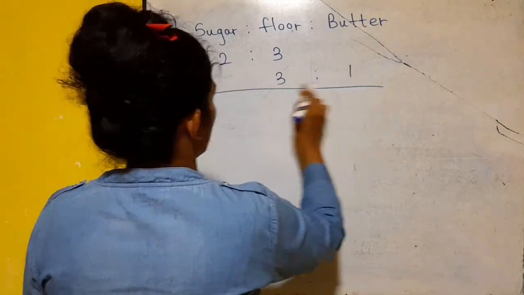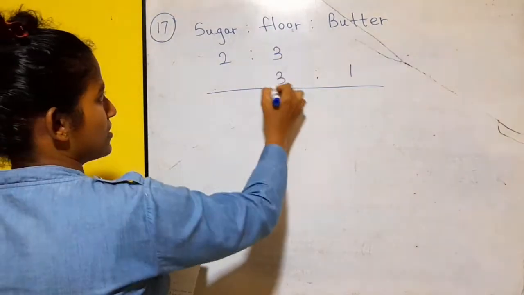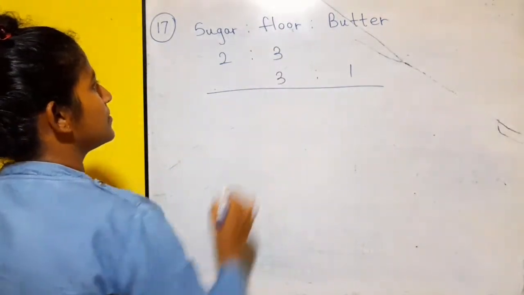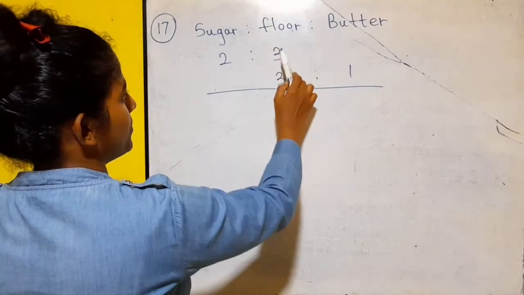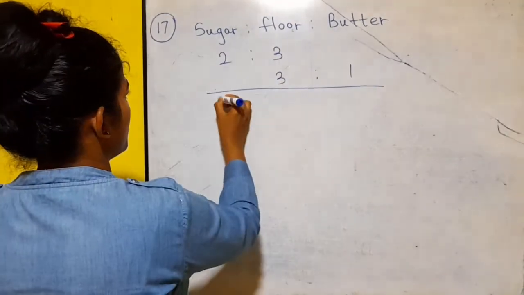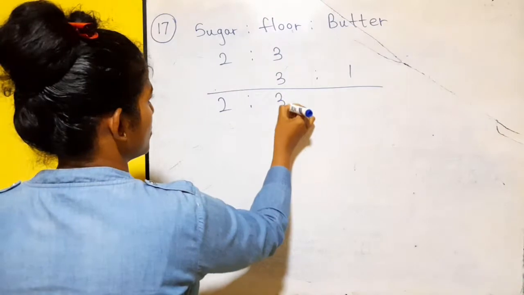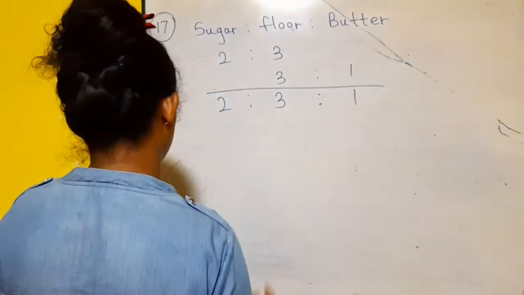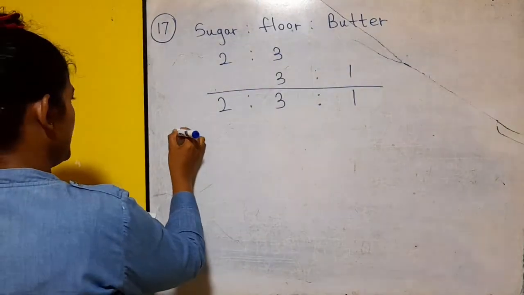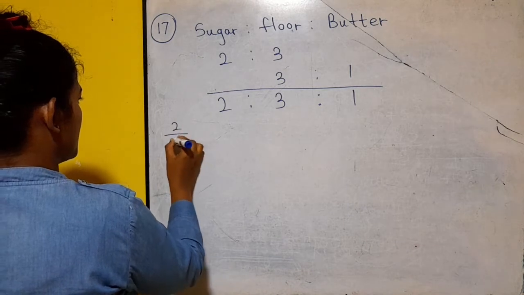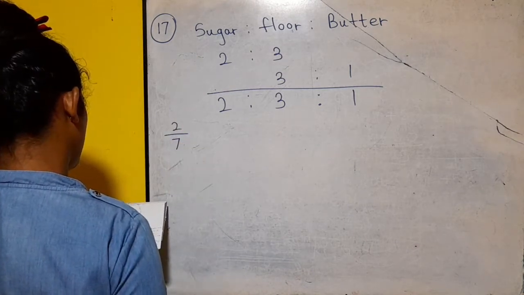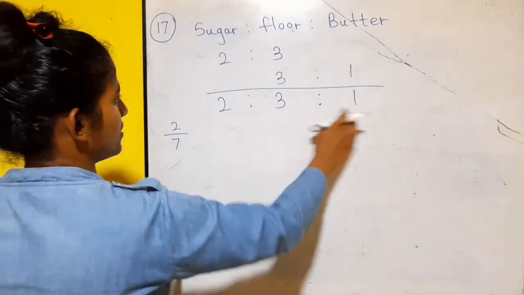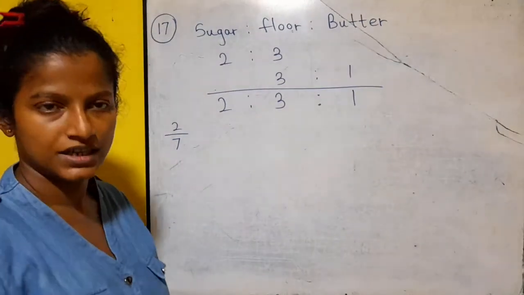So easily you can write the common ratio here because the amount relating to the common term here is equal. So you can write the common ratio as 2 to 3 to 1. There are 6 terms in this ratio.